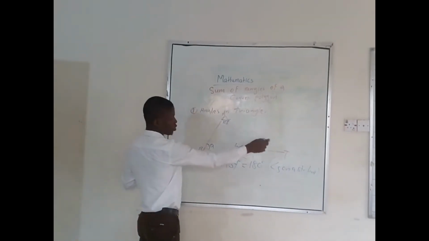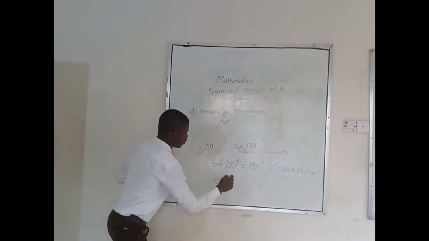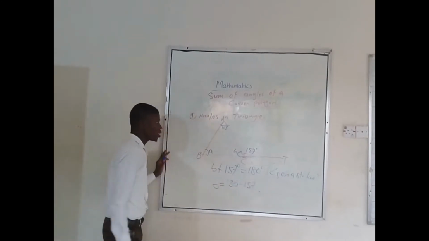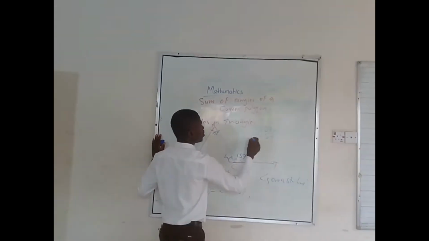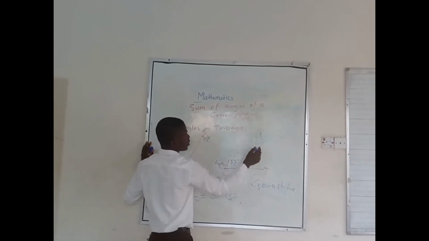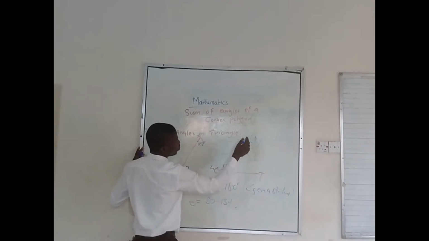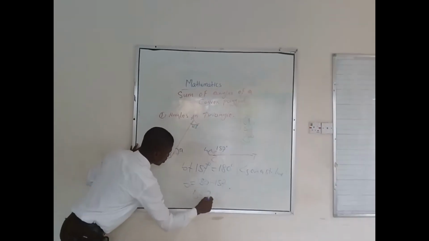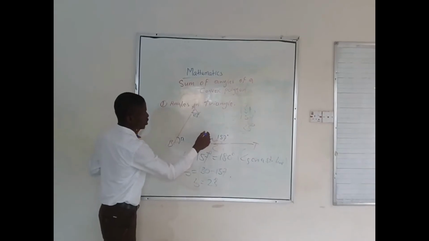So B equals 180 minus 157. Borrow 1, 10 minus 7 is 3, 7 minus 5 is 2. So our answer is 23. B equals 23 degrees.